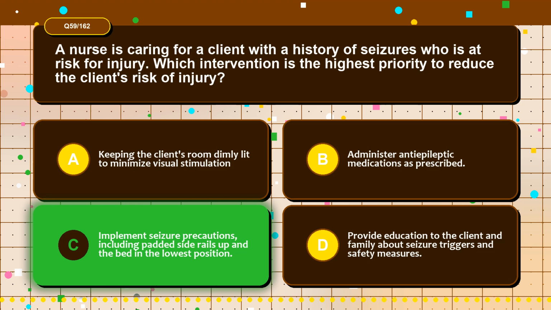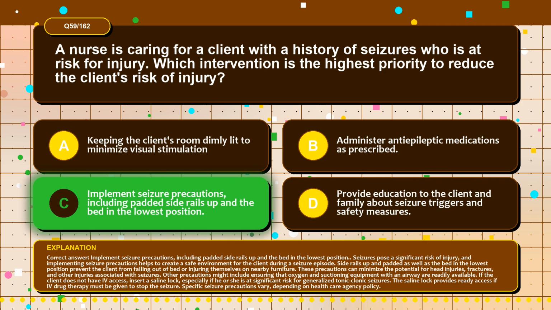The correct answer is option C: implement seizure precautions, including padded side rails up and the bed in the lowest position.